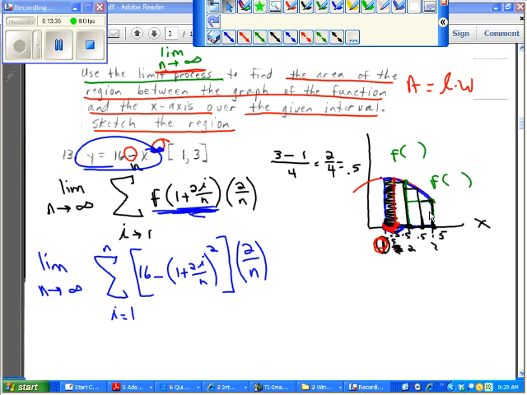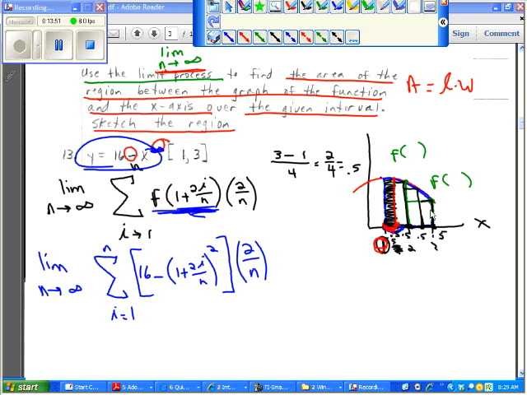We could pull that out to the end, right? Anytime we want to pull that out, because a summation times a constant is the constant times the summation. So at any time we want, we can go ahead and pull that out.